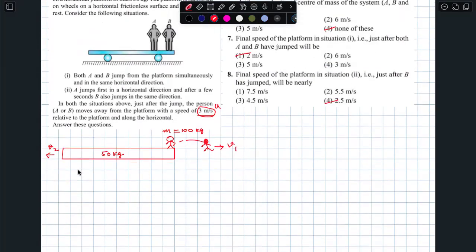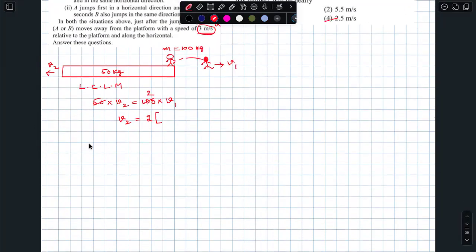Applying the law of conservation of linear momentum, we have 50 times V2 is the same as 100 times V1, so V2 is 2 times V1. Remember, what is V1? The velocity of the man with respect to the platform is the velocity of the man with respect to the ground minus the velocity of the platform.